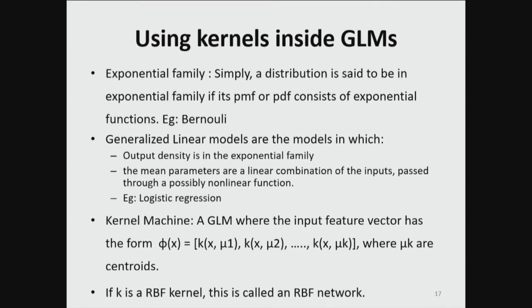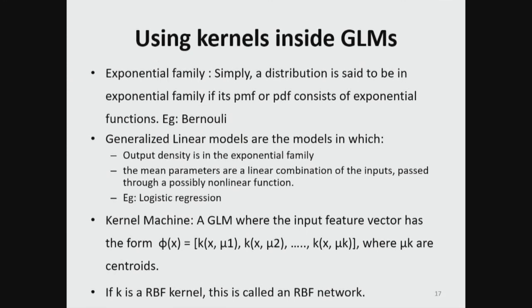For example, Poisson: e raised to minus lambda into lambda raised to x divided by x factorial. Binomial: nCx p raised to x q raised to n minus x. Gaussian: 1 upon square root of 2 pi sigma e raised to minus (x minus mu) the whole square divided by 2 sigma square.